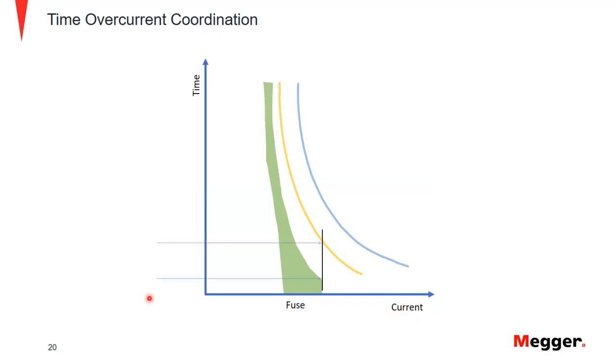And what we're going to do is we need to make sure that our fuse coordinates with the main breaker or with our feeder breaker, right? Because if our feeder breaker actually operates before our fuse melts, then there was no point in even having the fuse there anyway. And two, you're actually going to take out more customers than you need to. It's really a good rule of thumb to look at the good literature and good experience.